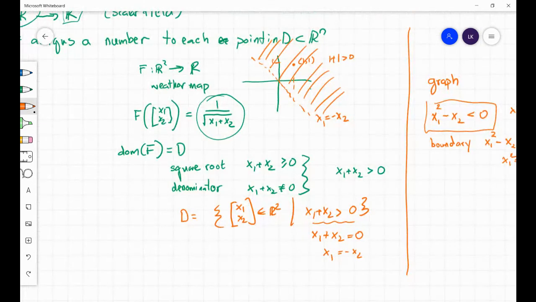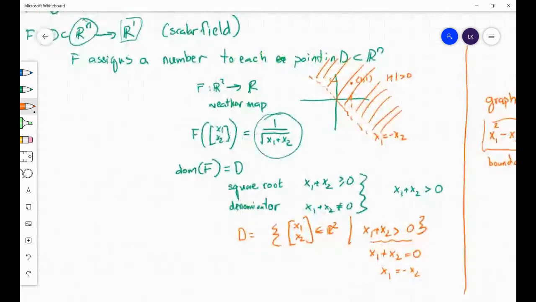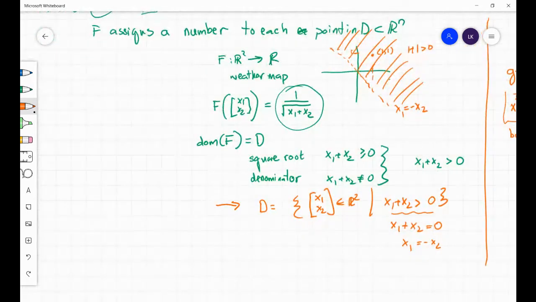So I know that I haven't defined it, but you've done homework problems where you're asked to say whether this domain, this set, is open or closed, bounded.